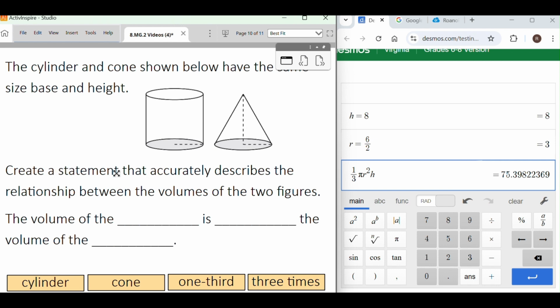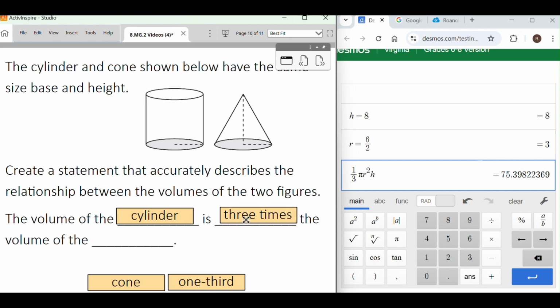It says, create a statement that accurately describes the relationship between the volumes of the two figures. So let's see. The volume of the cylinder is 3 times the volume of the cone.